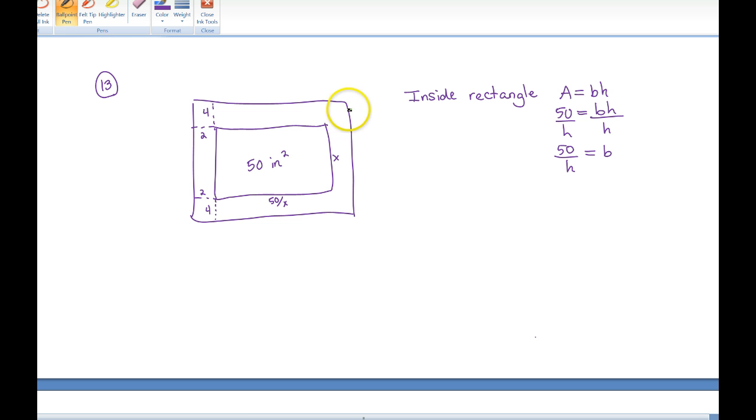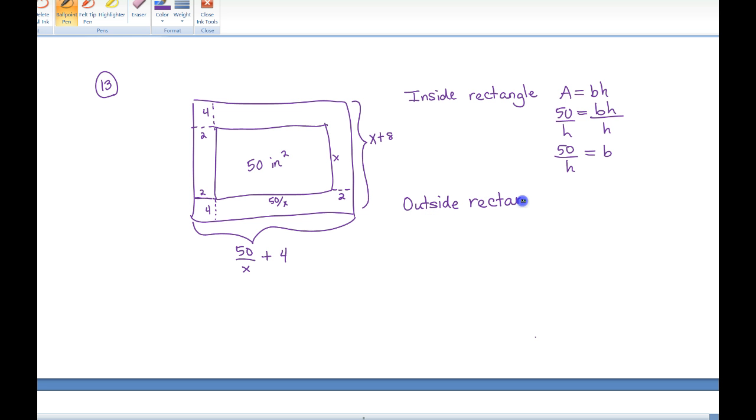So now this way is going to be X plus 8, because if this is X, we want to add 4 on each side. And then this is going to be 50 over X plus 4, because we're going to add 2 here and here. So now we want to look at the outside rectangle.